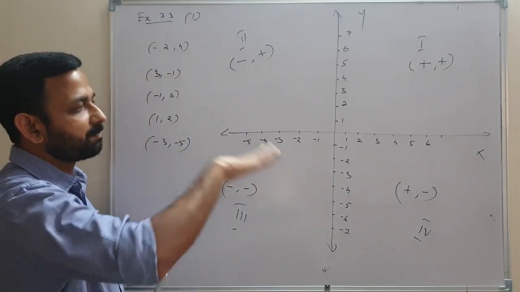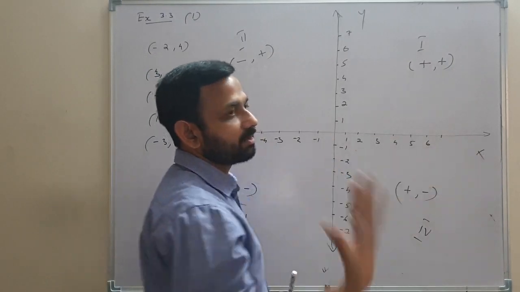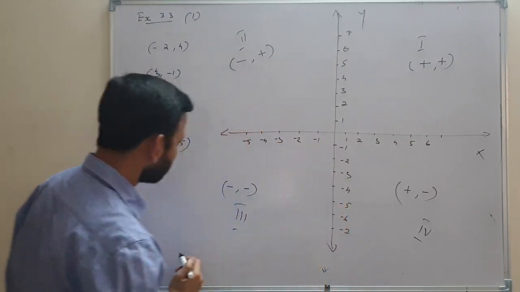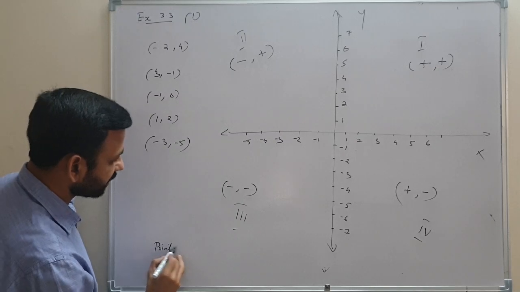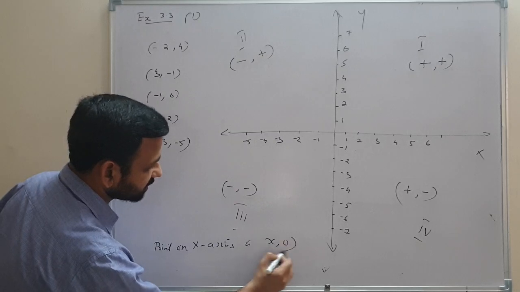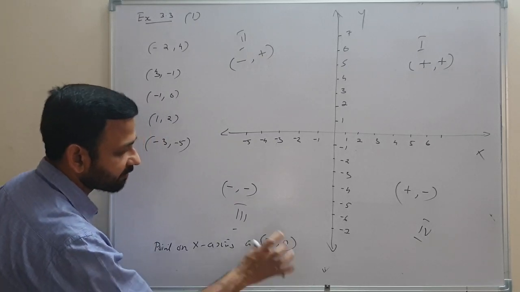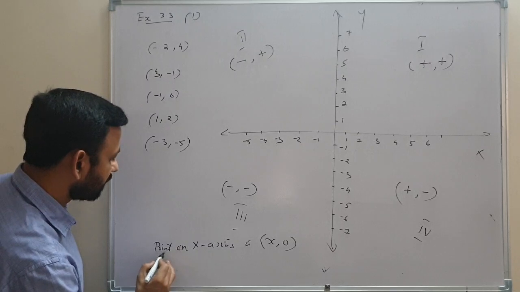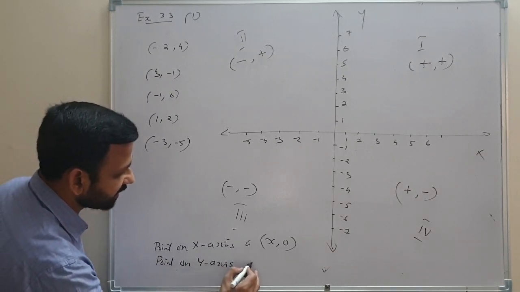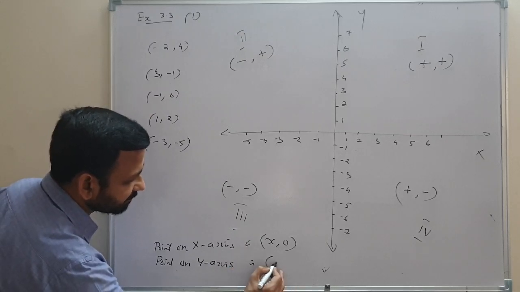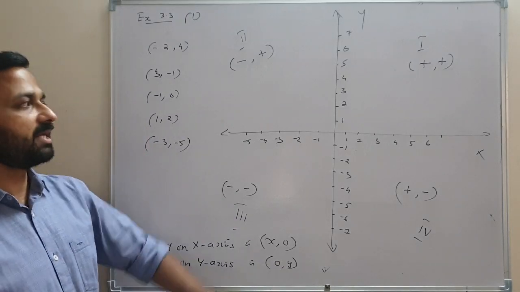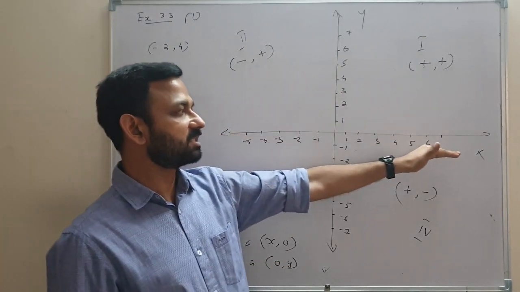When we take any point on the x-axis, its y coordinate will be 0. The x coordinate can be any number, but the y coordinate will be 0. For a point on the y-axis, the x coordinate will be 0 and the y coordinate can be any number.